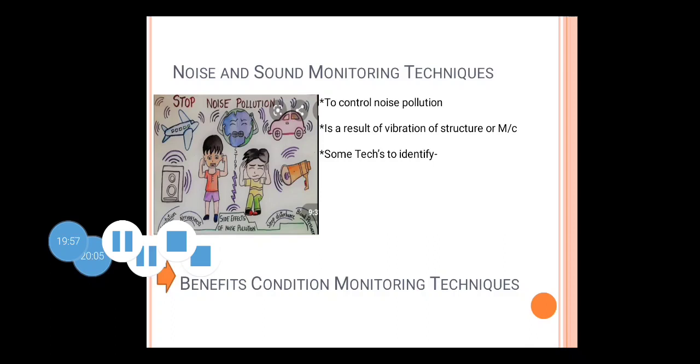Because design and maintenance work increase, we can have stable performance. Because of those reasons maximum efficiency can be achieved. So these are very much important to adopt in industrial areas. These are some benefits of condition monitoring techniques.